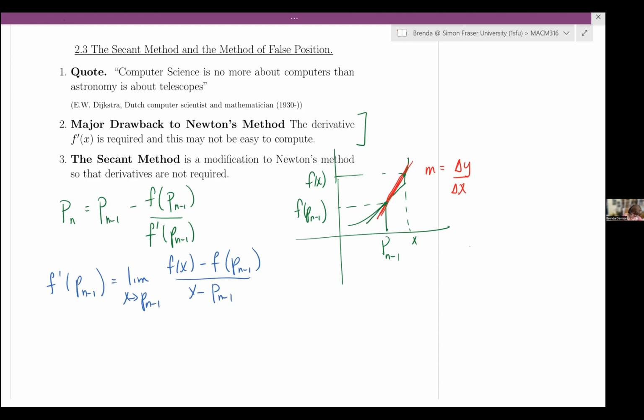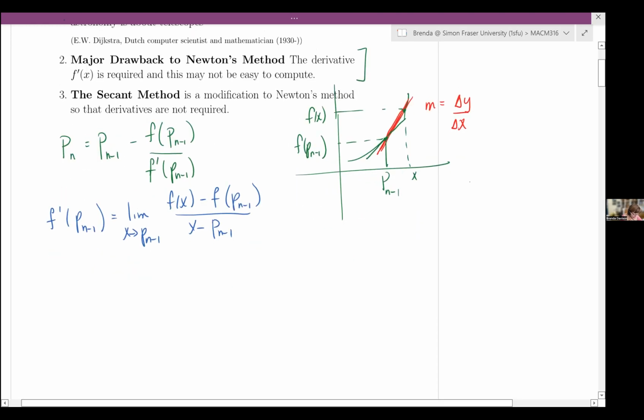Now we suppose we have 2 close points, and in fact we want to use points for which we've already evaluated the function. So we know that f of Pn minus 2 is likely to be close to f of Pn minus 1, particularly as we're getting close to the root.